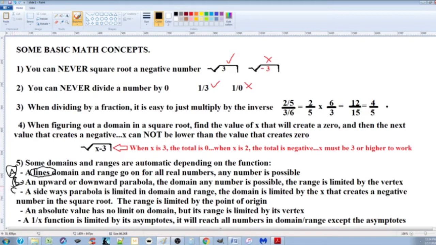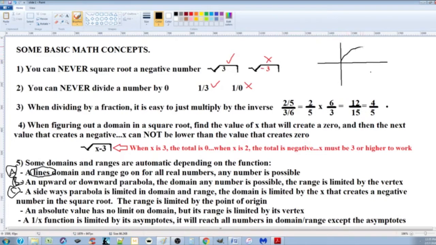Then we can look at sideways parabolas, and they're limited by two things. So a sideways parabola is always going to be in the formula y is equal to the square root of x. And if we look at the basic parent function here, we can see that y goes on forever this way, so above 0. Sorry, I might have drawn it a little crooked on the Cartesian graph here, so I'll make my line straight so it's not too confusing.